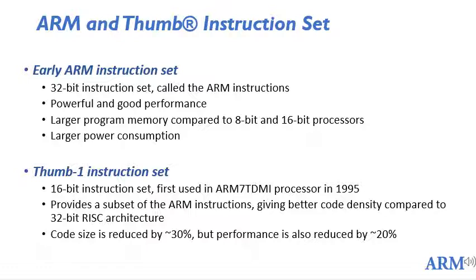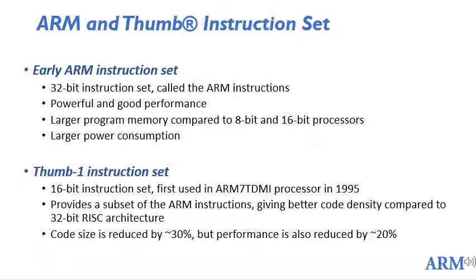That means the instructions that were used to do the commonly used tasks were included in this 16-bit Thumb instruction set, and because the instructions were only 16-bit, obviously it was giving better code density compared to the 32-bit architecture.